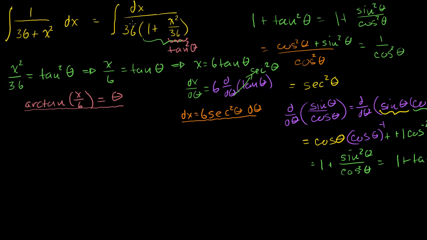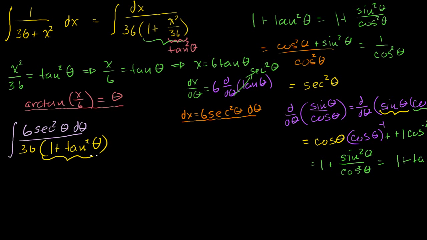So what does our integral reduce to? Our integral now becomes the integral of dx. What's dx? It is 6 secant squared theta d theta, all of that over this denominator, which is 36 times 1 plus tangent squared of theta.